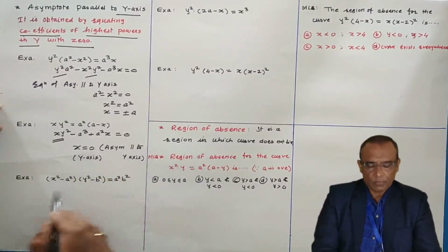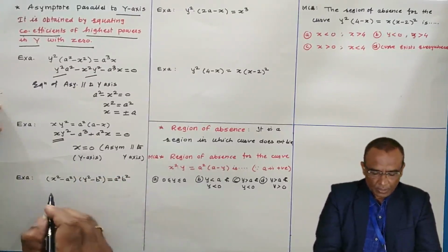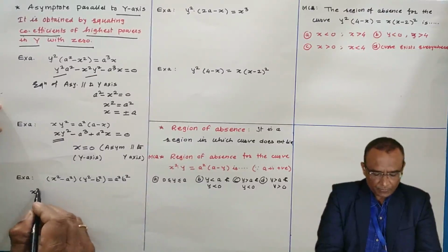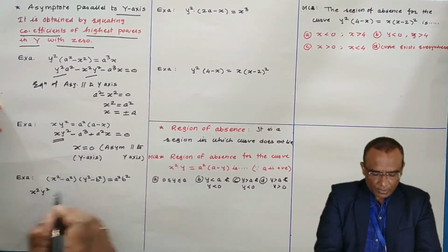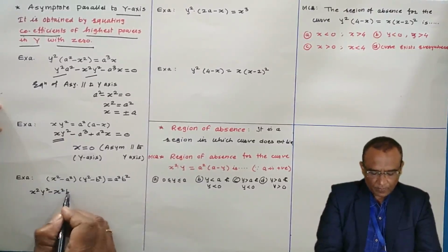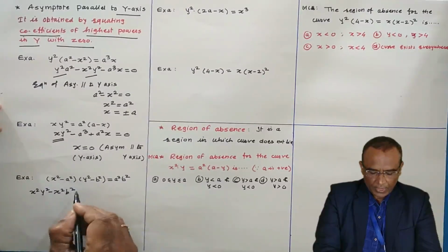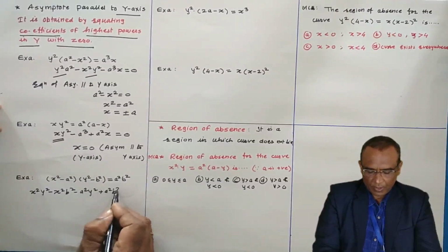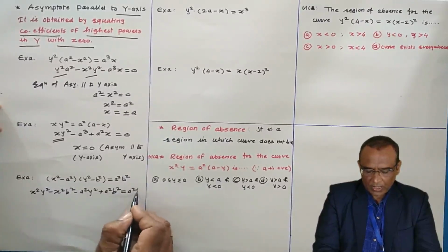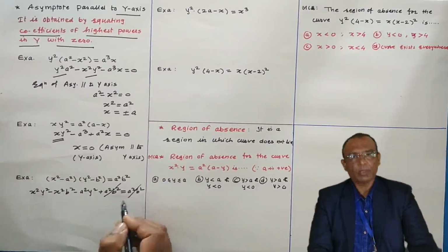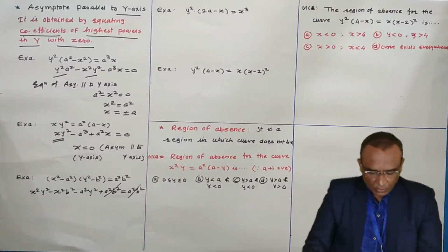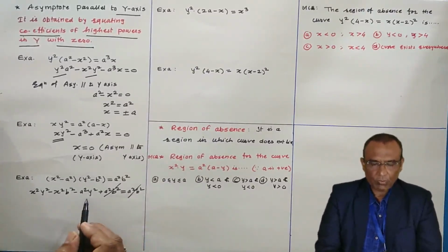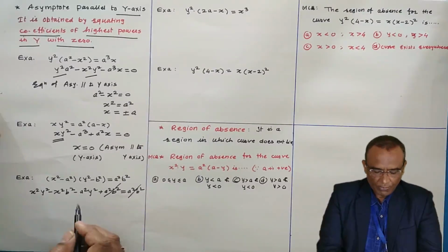The same problem, a similar kind of thing. You can open the brackets: x square y square, then x square b square, a square y square and a square b square. A square b square is there on the right hand side, you may cancel it, not necessary. Now I want the asymptote parallel to the y-axis. How many y terms are there?